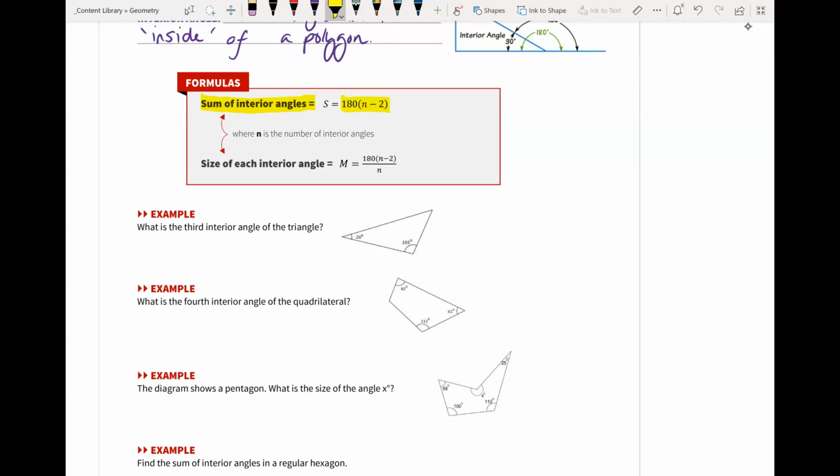The other formula is the size of each interior angle can be calculated as 180 times n minus 2 divided by n. Now this one is only good for regular polygons, and that's the only time you can really use it, because this means that every single angle is going to be the same in that polygon. This one doesn't matter, it can be for any polygon.